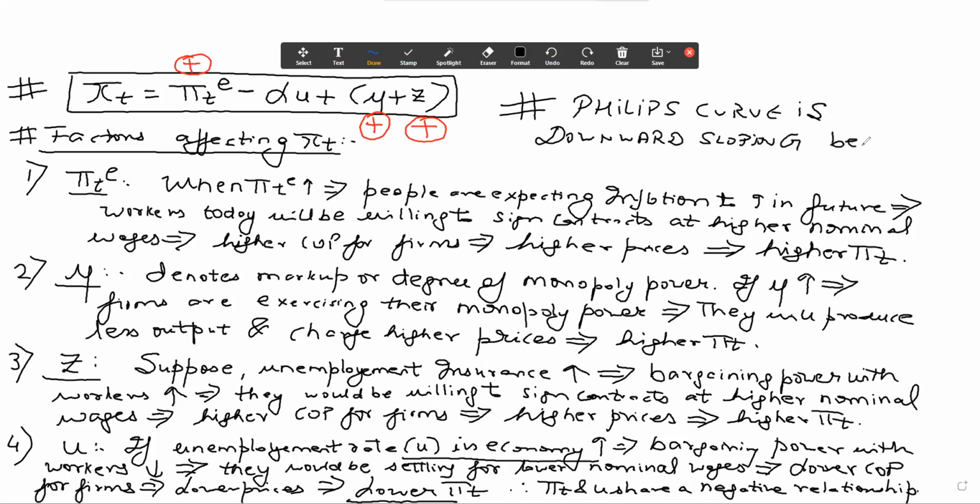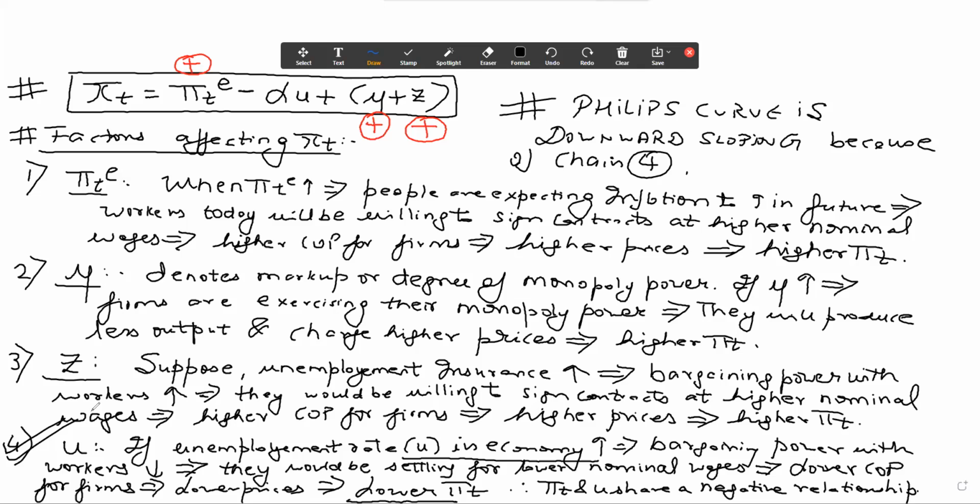The Phillips curve is downward sloping because of chain 4, because the relationship between unemployment and inflation is negative. Higher the unemployment, lower the bargaining power with the workers. They will be willing to settle for lower nominal wages, lower cost of production for the firms, lower prices and lower inflation, and vice versa. So our Phillips curve would be downward sloping.